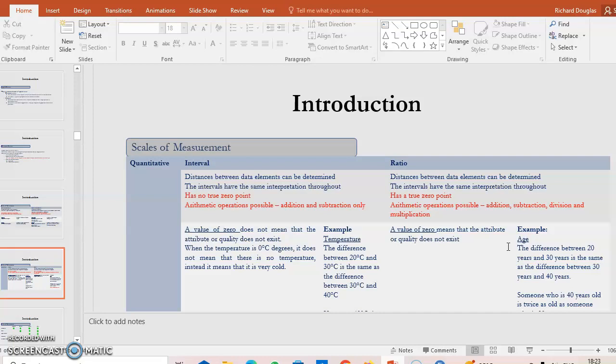A good example of quantitative interval data could be temperature. The difference between 20 degrees and 30 degrees is the same as the difference between 30 and 40, but you cannot form ratios, unlike with ratio data. For a ratio, a value of 0 means that the attribute or quality does not exist.